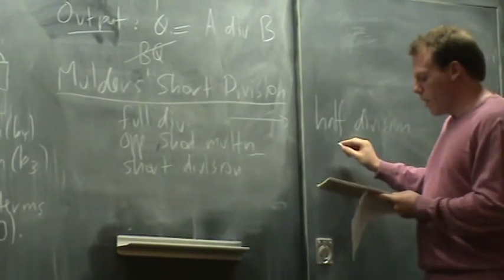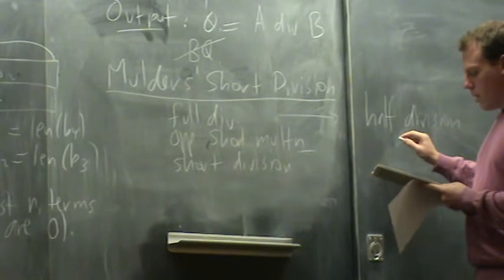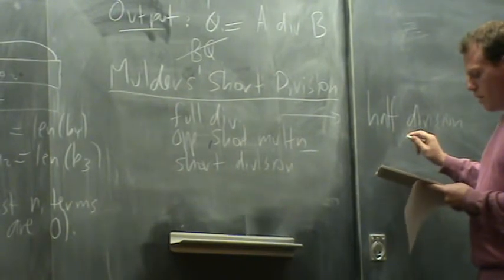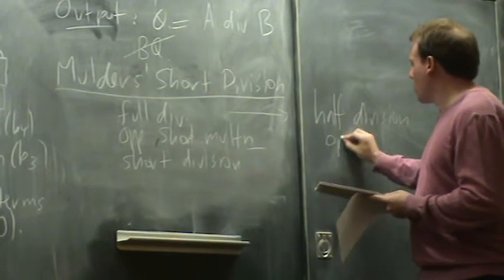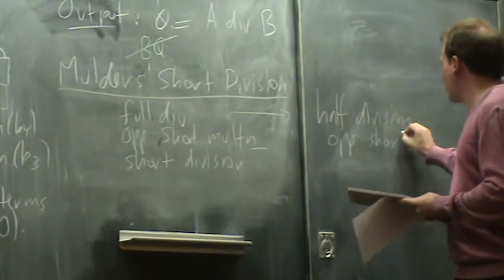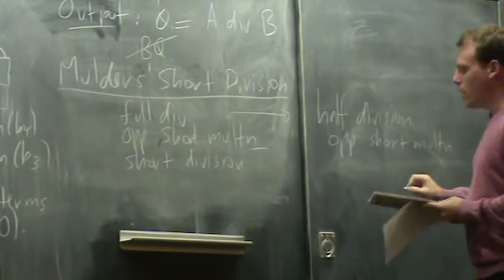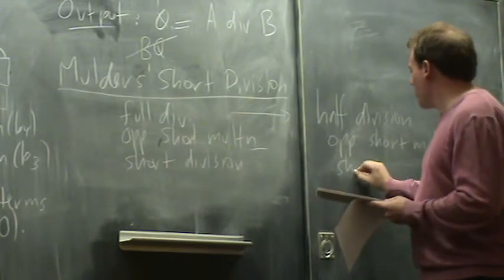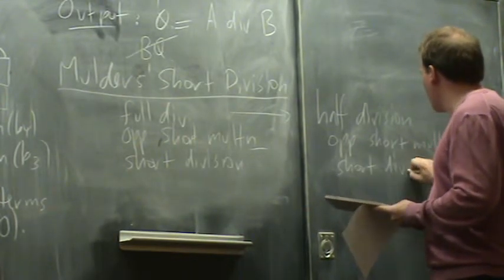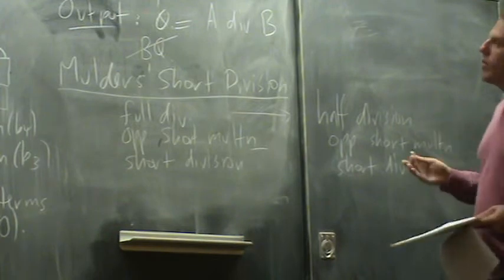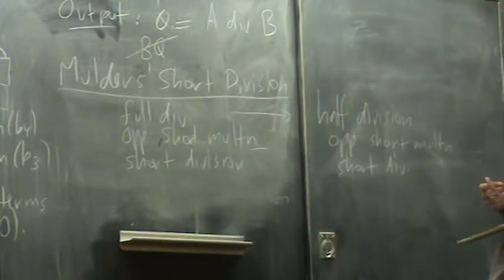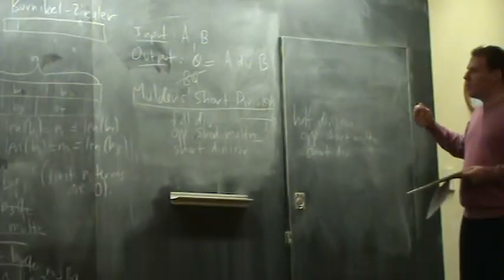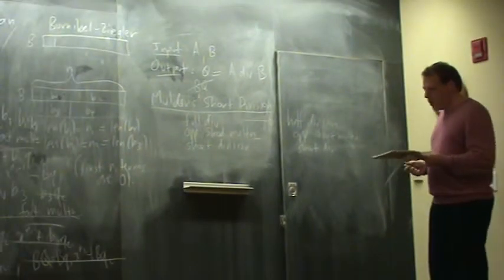I still require, let me see, opposite short multiplication, so that hasn't changed, and a short division. And now the whole algorithm only returns the short division. So in other words, a division without remainder.